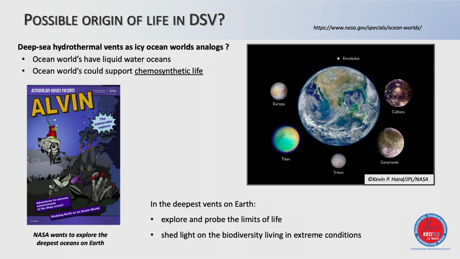So NASA was really interested in deep sea vent ecosystems, because we know that different ocean worlds have liquid water oceans, but also, thanks to the rocks in the underground, they can support chemosynthetic life. So NASA really wants to do more and more studies on the deepest vents on Earth in order to explore and probe the limits of life we know on Earth, and also shed light on the biodiversity living in extreme conditions.